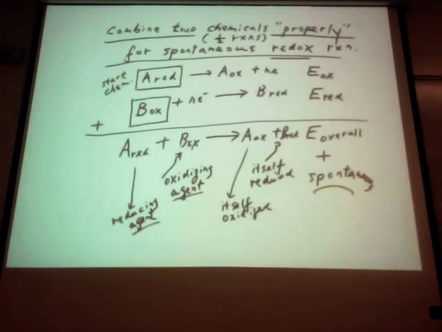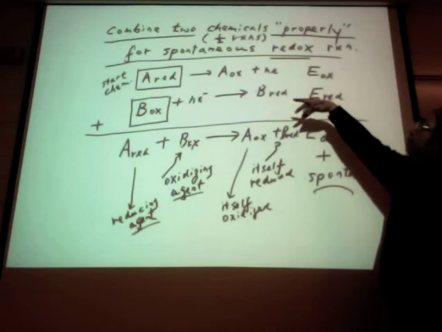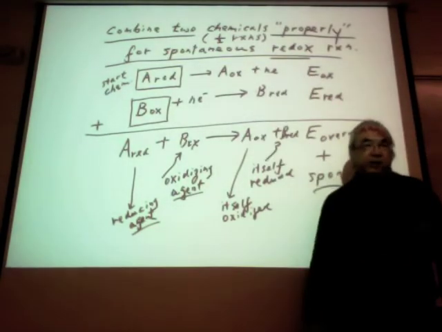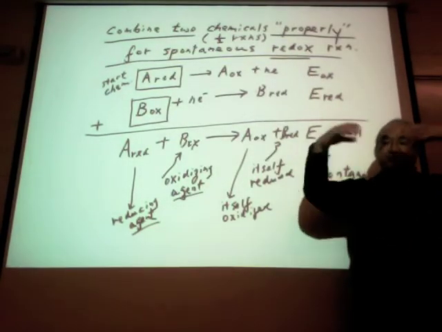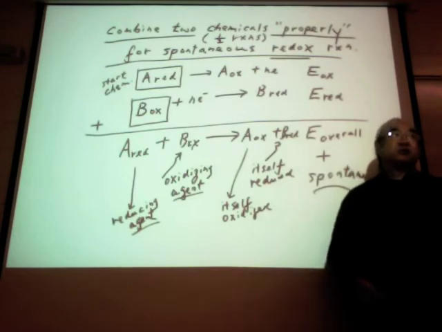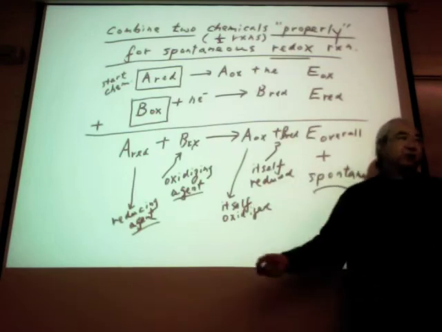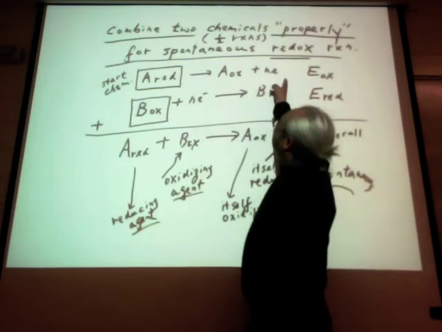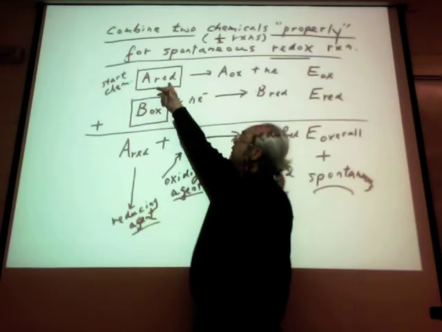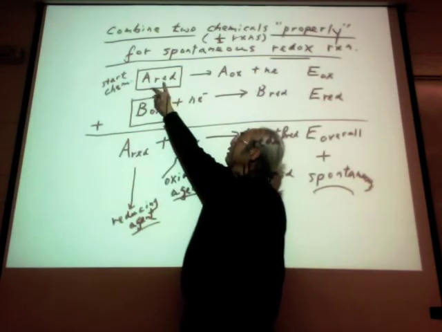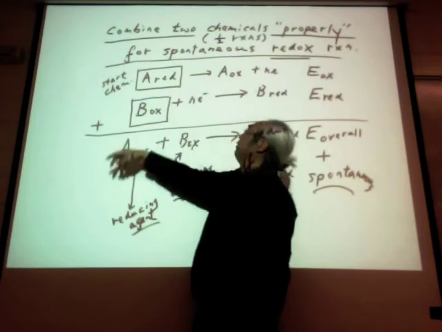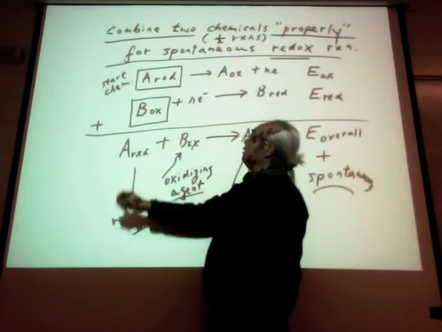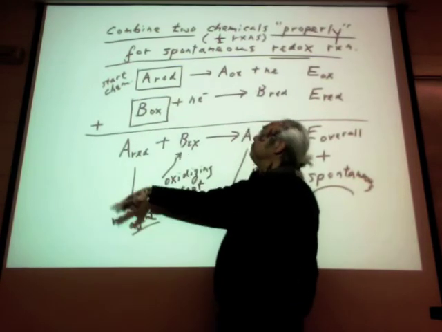Now, when you combine the two chemicals properly, you want to see whether there will be a chemical reaction. Not any two chemicals combined will give you a chemical reaction, right? Let's say you have chemical A, which you know is in the reduced form, and chemical B, which you know is in the oxidized form.